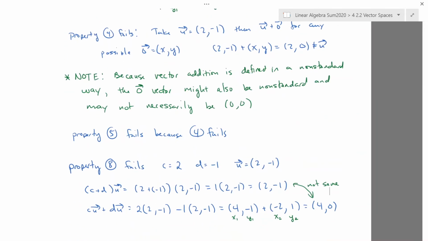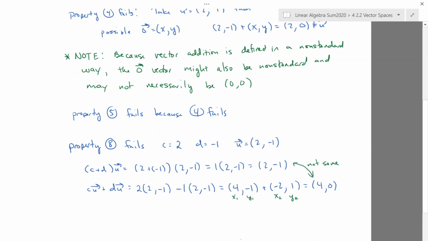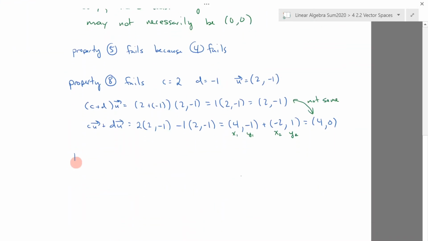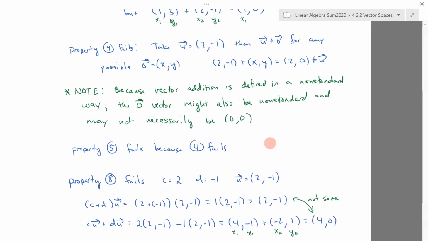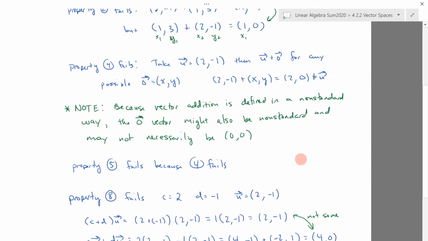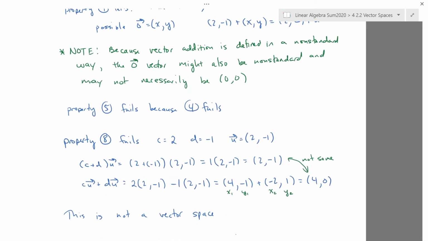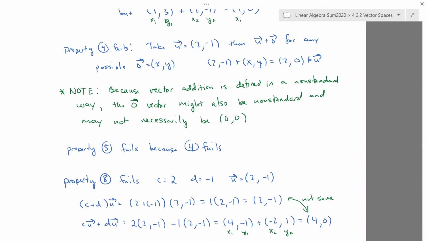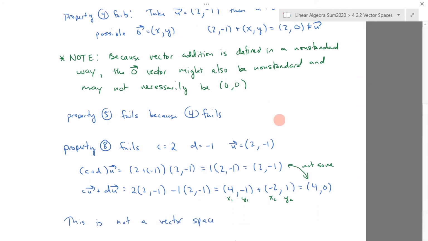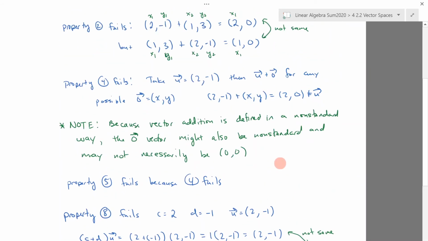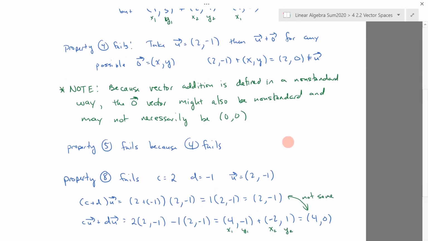In general, in this kind of problem where we want to show that it's not a vector space, you really only have to show that at least one of the properties fails. But in this case, we looked at a few different properties to give you an idea of how each one might fail.